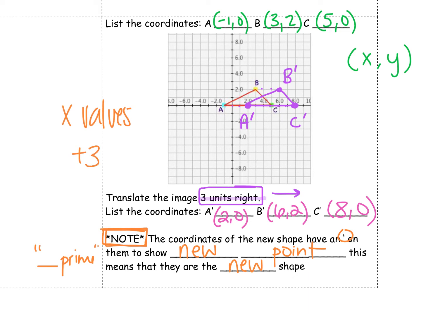So when we look at this, my A was at -1, A prime, a difference of 3. B was at 3, then it became 6. C was at 5, then it became 8. We could have done this mathematically without using our graph if we had to, by knowing that we shifted my X value by adding 3.